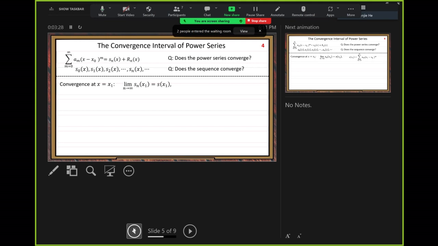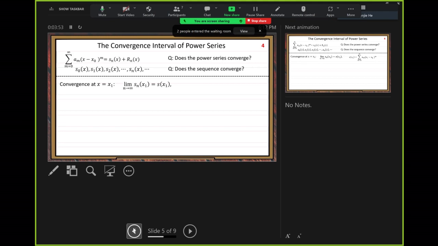How do we define the s function? The s of x1 value equals the limit of Sn of x1. If the limit exists, then the function value is well defined. That's the way we define this s function, the limit function.